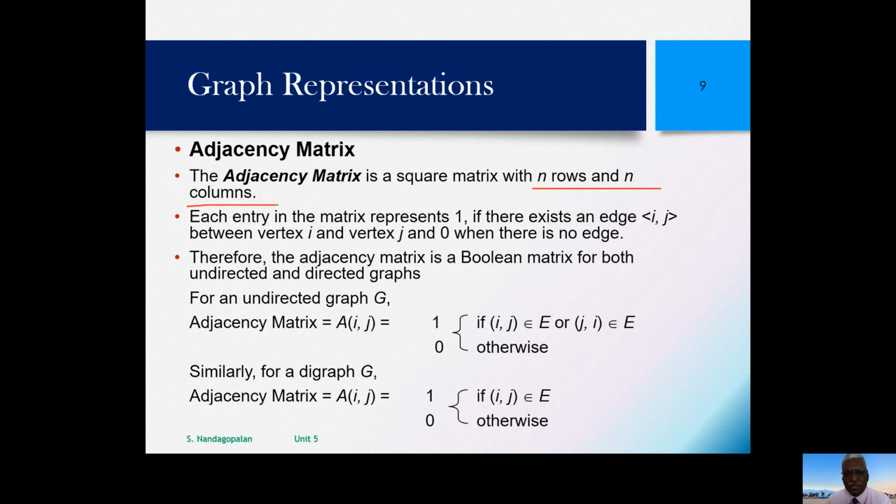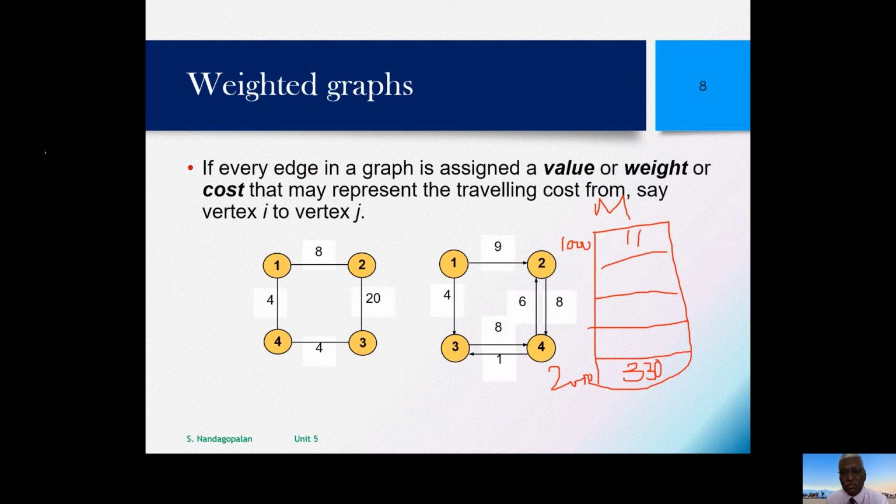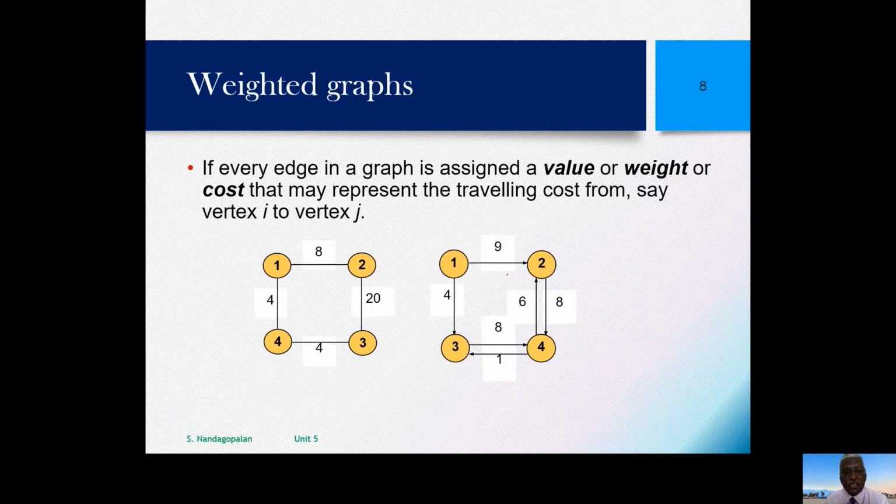Because I have so many vertices. See, remember that we need to represent both the vertices and also the connectivity issue. That means edge details. So whether there exists an edge between 1 and 2 or not. So that's why it's called adjacency matrix. For example, these are the vertices adjacent to a particular given vertex. For example, if I take undirected, which is simple.